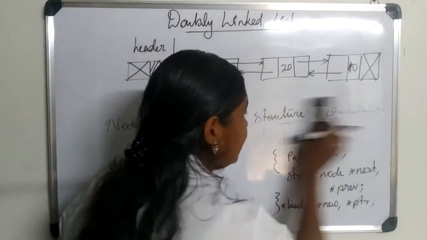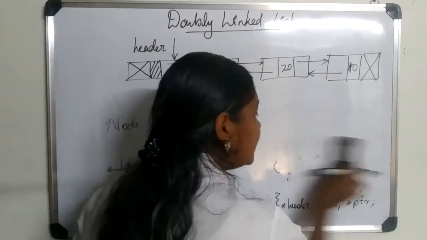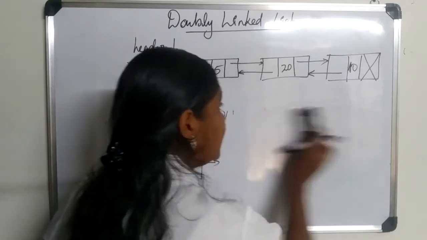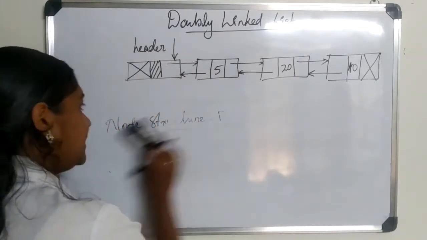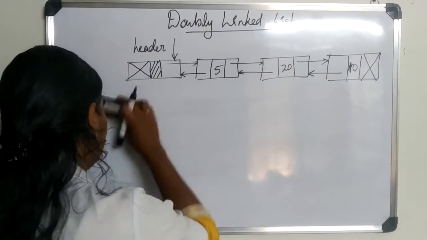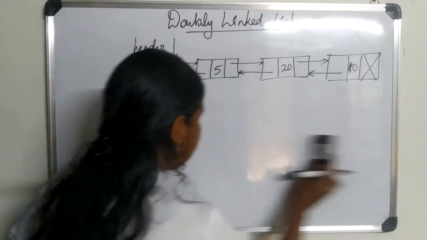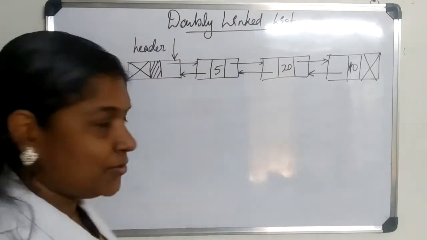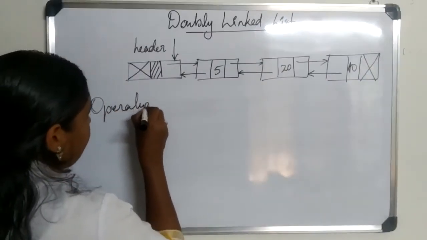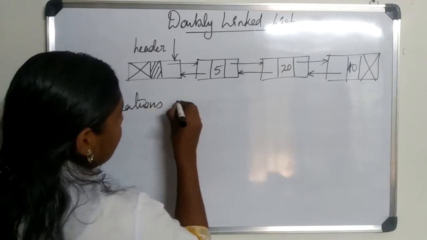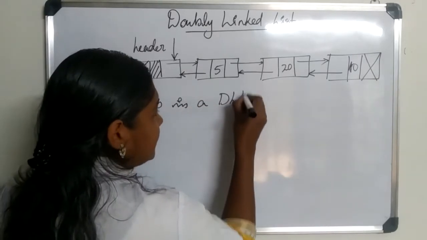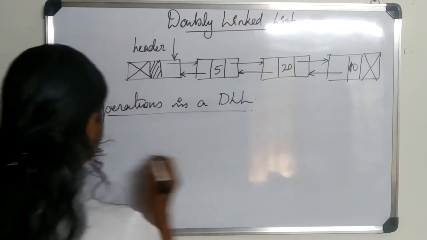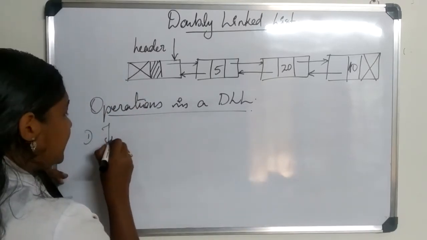So I'm rubbing it. Then let's consider the operations possible in a doubly linked list. And the interesting part is that all the operations which we performed in our single linked list are possible here also. Okay, so operations in a doubly linked list, DLL. So first one is, say, insertion.